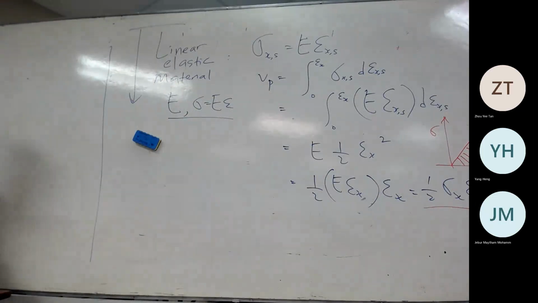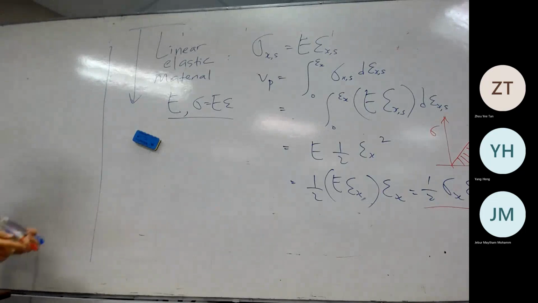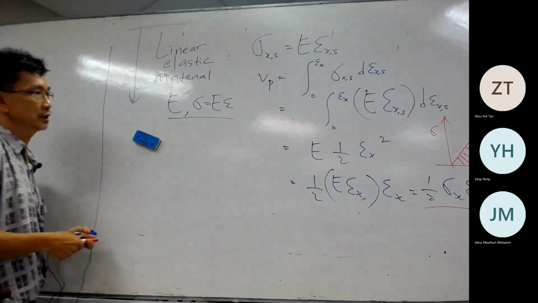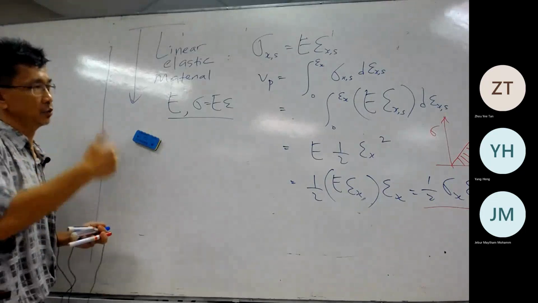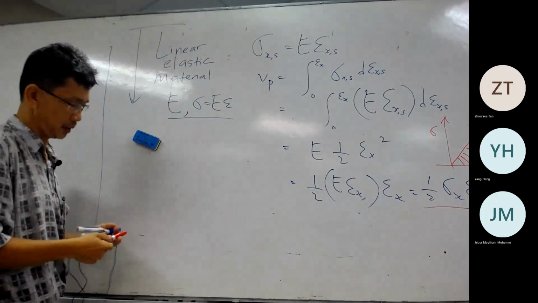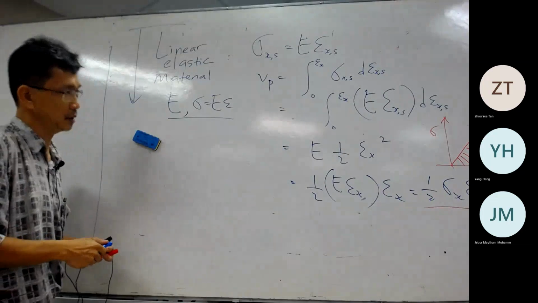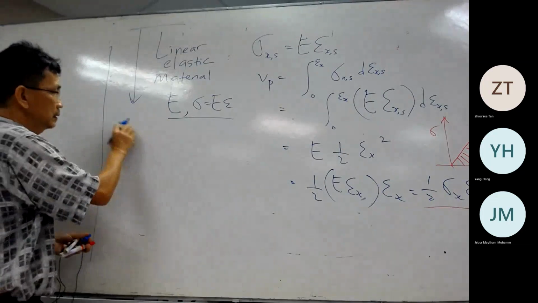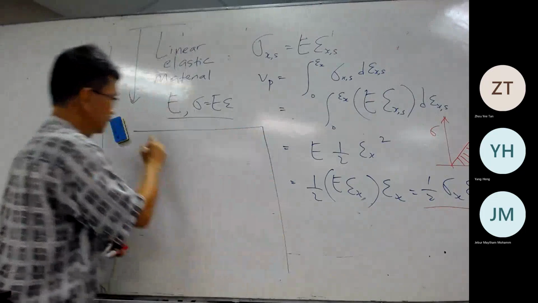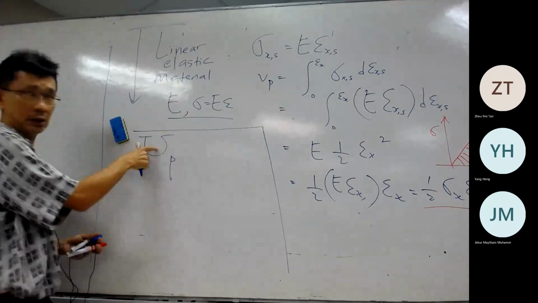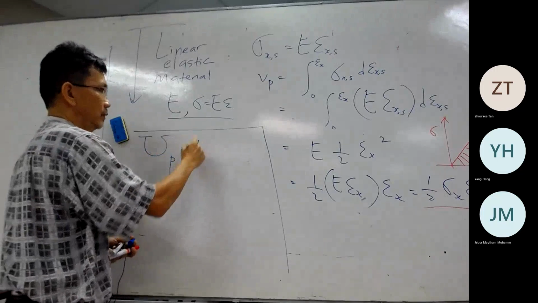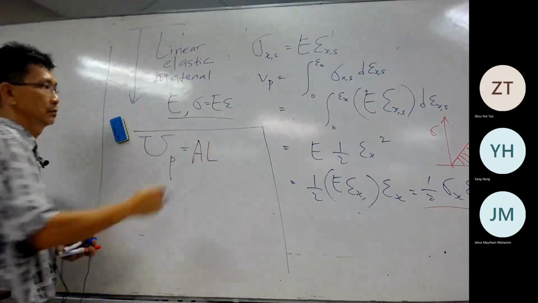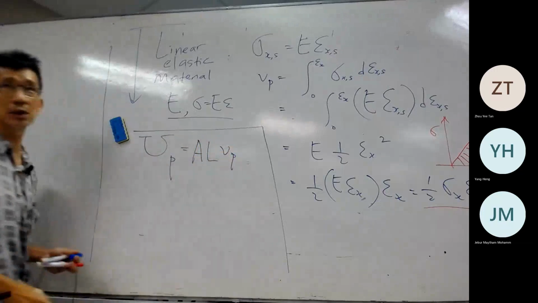Now, we go back to the definition of the relation between strain energy density and strain energy. Strain energy, the symbol is capital U, is the volume AL multiplied with the strain energy density.